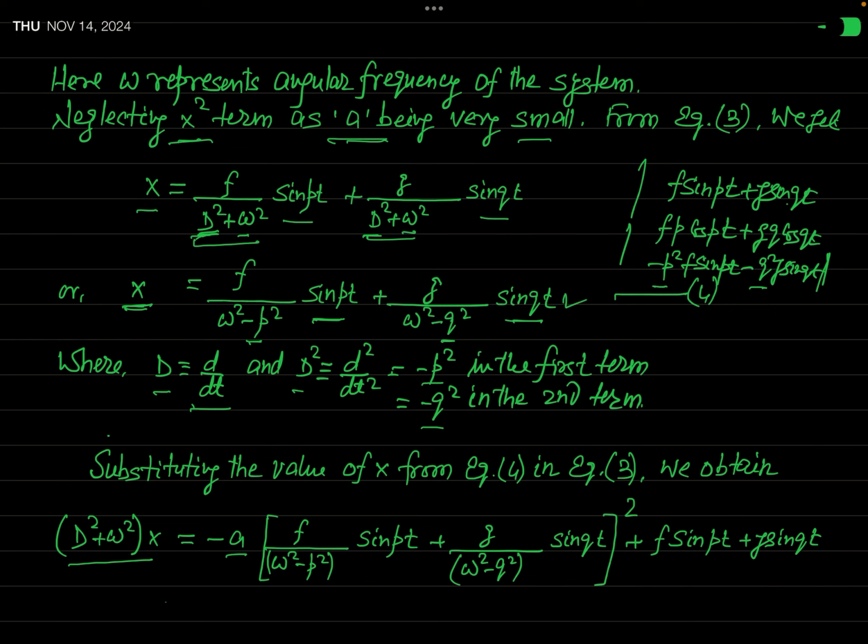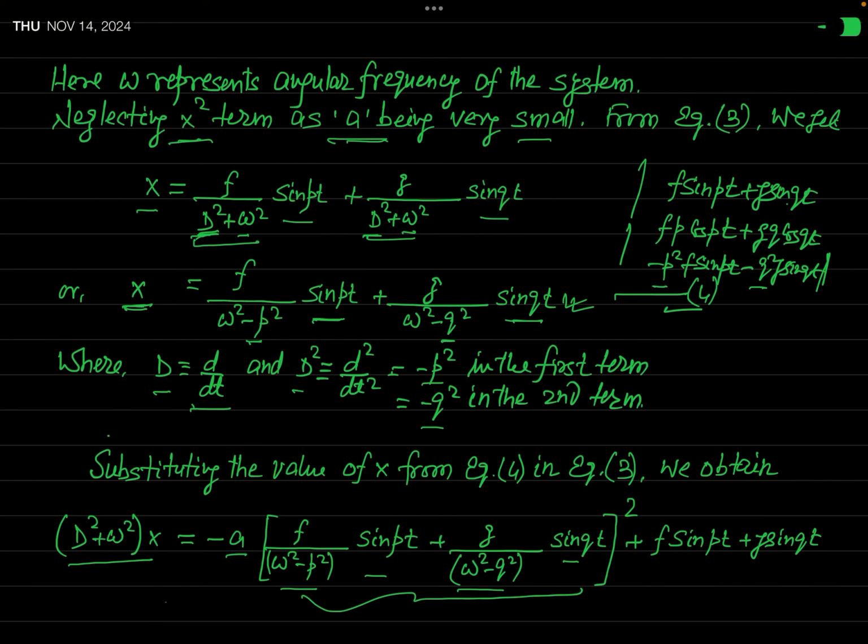But x is this much: f over (ω² minus p²) sin pt plus g over (ω² minus q²) sin qt, whole squared. This is in place of x, which is defined in equation 4.